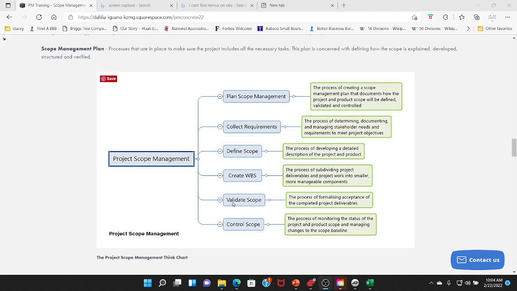Okay, so the first part of that is to create the WBS, which is the process of subdividing project deliverables and project work into smaller, more manageable components.